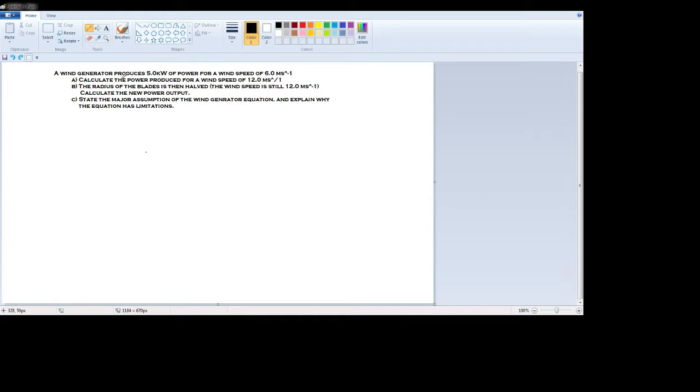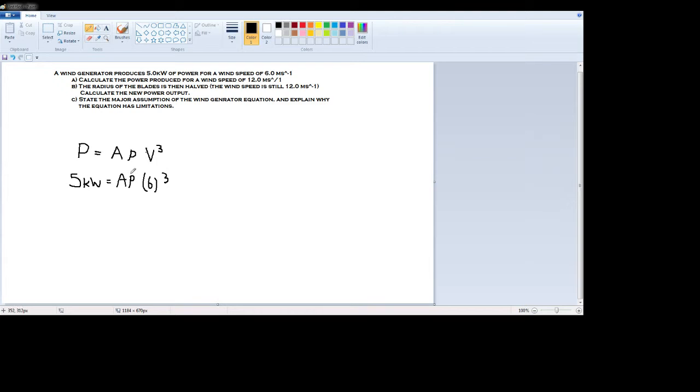And basically, to approach this question, we start with the central equation, which is power equals area times another P, which is called rho, times velocity cubed. Now, we are given, for the first part of this problem, that power is 5 kilowatts, area and rho, and then V is equal to 6 meters per second.